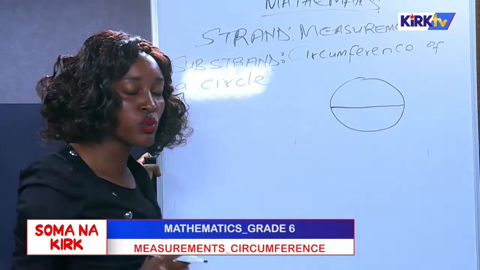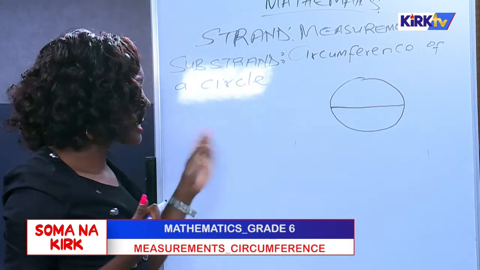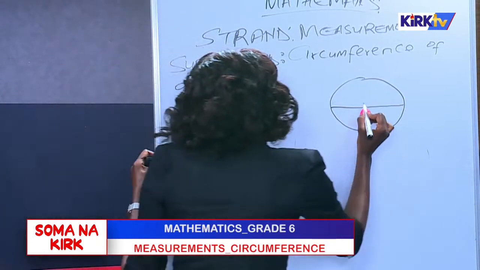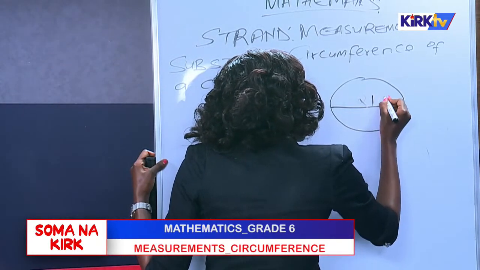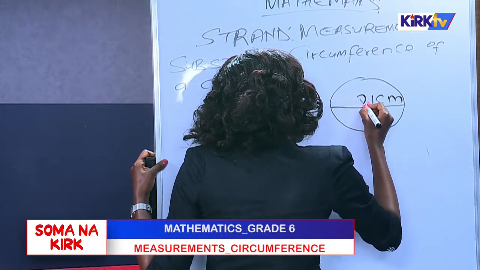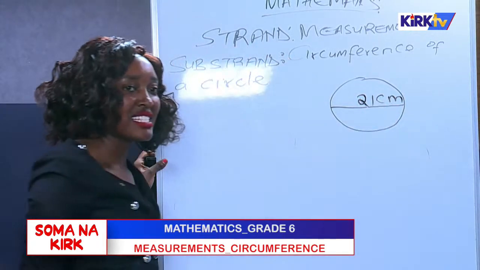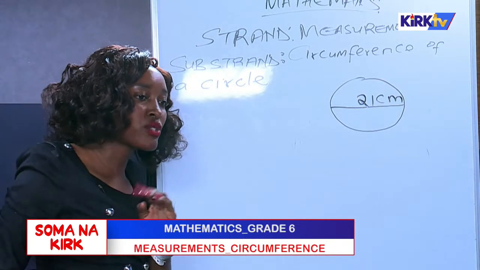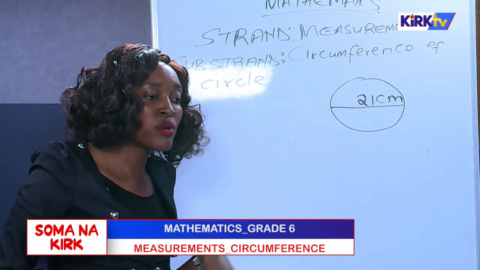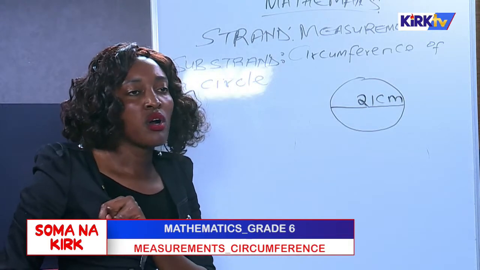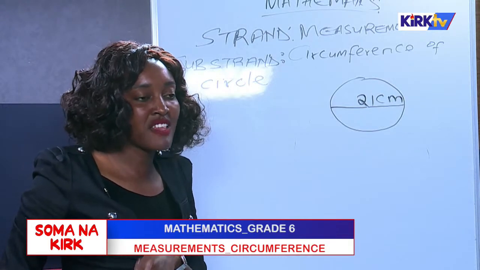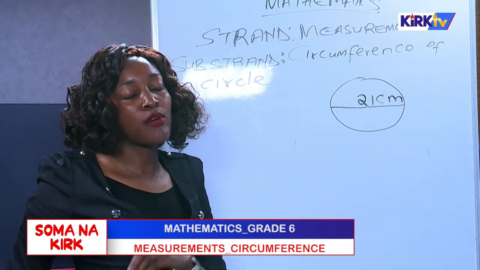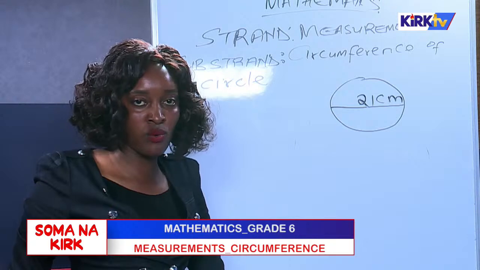Then you're told to calculate the circumference of the circle, given that the diameter is 21 centimeters. What are you going to do? So the first thing, just as you're in Nairobi and you're told to go to Mombasa, the first thing is to get the direction towards the place you desire to go, right?